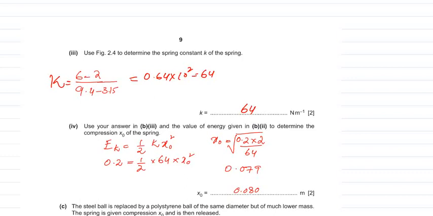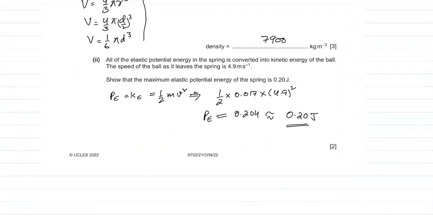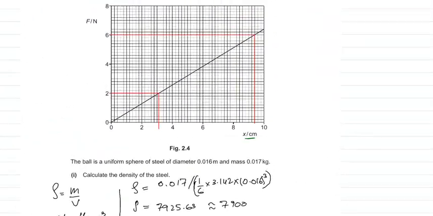So we need to go to the graph, we will check. So here is the graph, we need the slope, we know it is force upon extension, right? So it will be the spring constant, and it is represented by this gradient. We need to find out the gradient. I took the values of 6 and 2 of the force, and at respective extension, right?